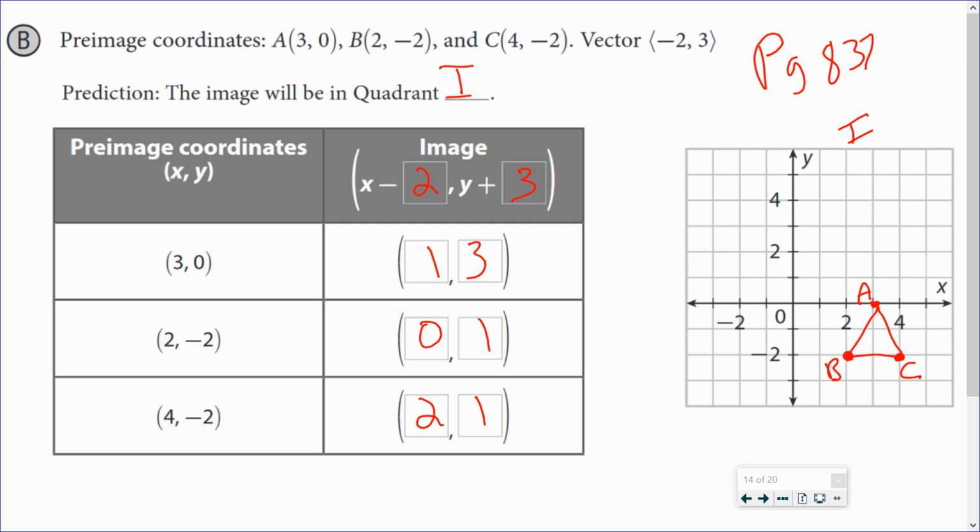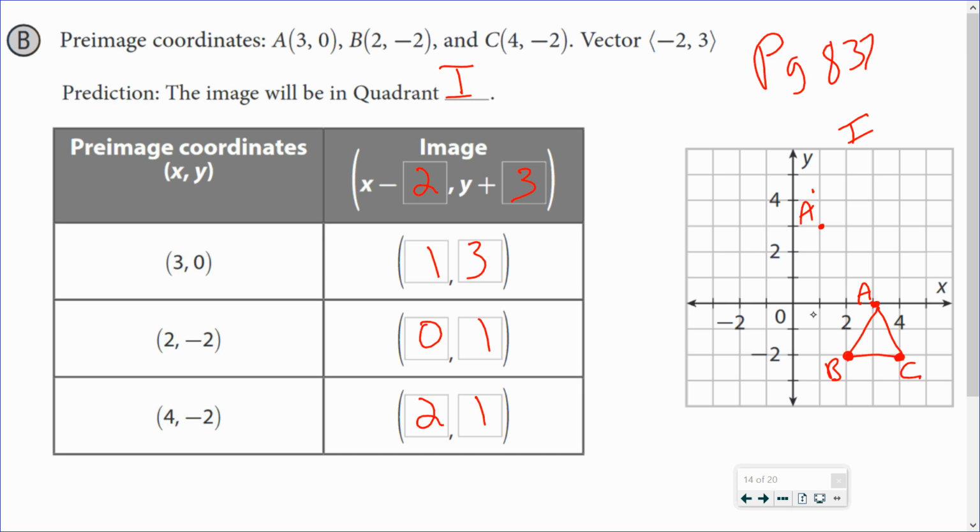Okay, and now I'm going to go ahead and plot these points. That's going to be over 1 and up 3, and that's my new A. And I put this little mark to represent the image. All right, next I'm going to do 2, -2. I'm sorry, 0 and 1.